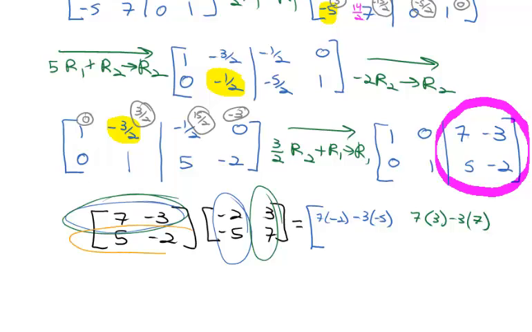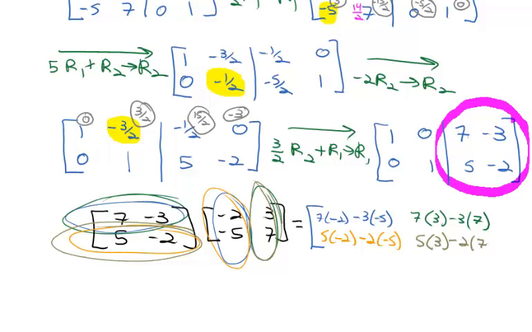Then we have second row, first column, 5 times negative 2 minus 2 times negative 5. And finally, second row, second column, 5 times 3 minus 2 times 7.